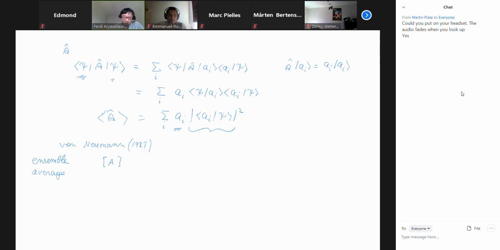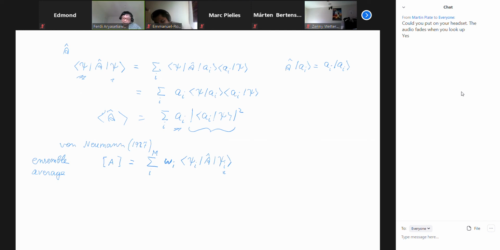So he said that this is equal to the sum over i, and I will explain what this means later, of some weight omega_i times the expectation value. If the systems are in different states, this i here labels different states, and M is just the number of these different states in the ensemble.